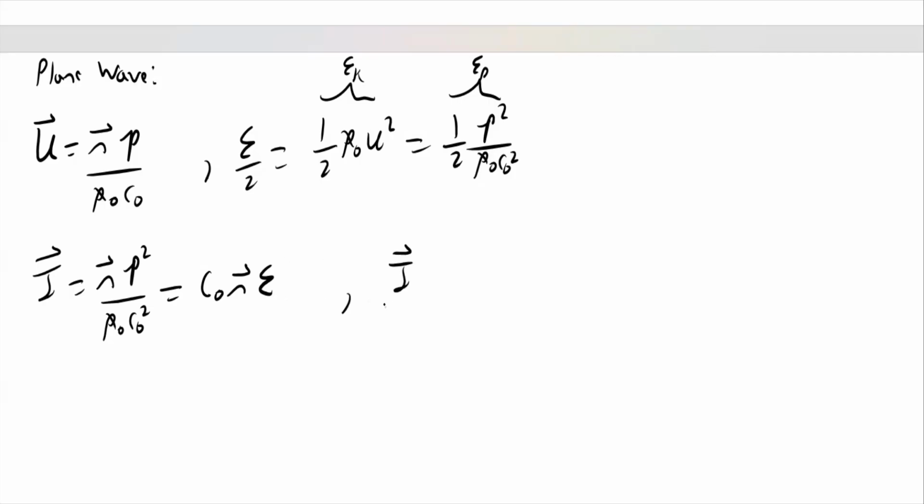Rearranging, we have that intensity divided by energy density is simply the speed of sound times the direction of propagation. What this implies is that acoustic energy moves as a sort of unit with speed c naught in direction n. Thus, c naught is the speed at which the acoustic energy travels for this case.